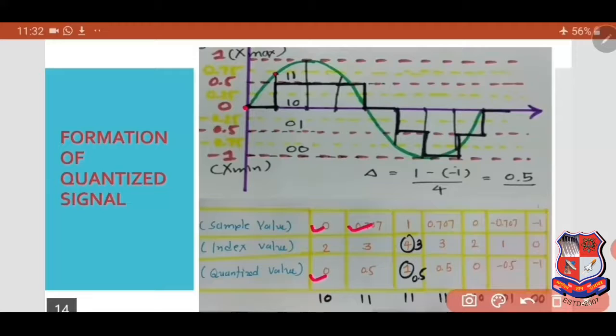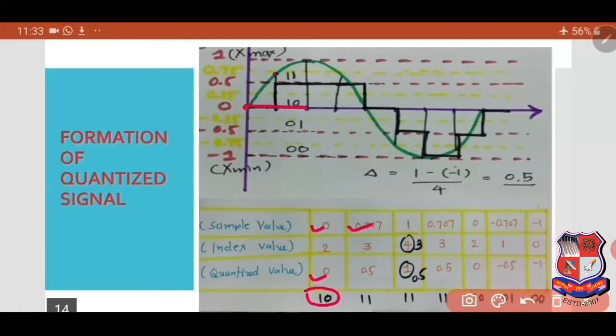Now first of all we will look at the quantized level 0 and the index value, that is 2. So for the quantized value 0 over here, the data is 1 0.